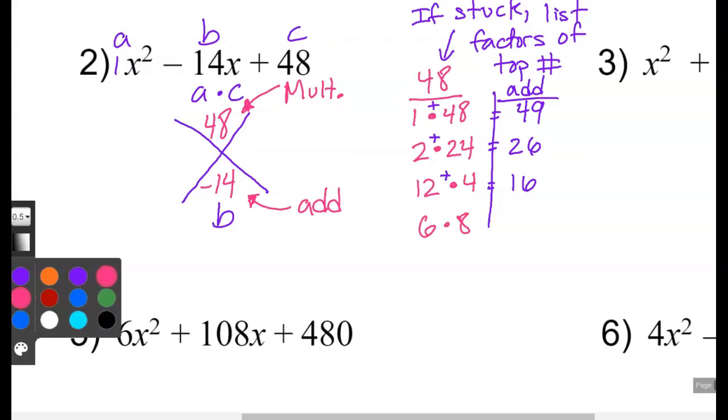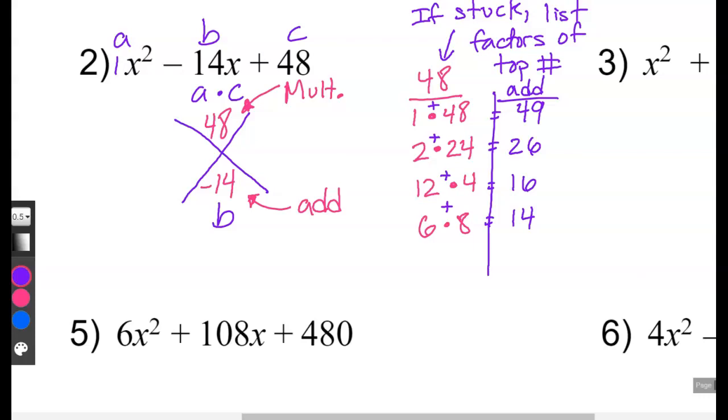Now, what is 6 plus 8? 14. Okay, so we have the right number, but what's wrong about it? Negative. If we know 6 and 8 are factors of 48, what else do we know? Negative 6 times negative 8 also gives us 48. And what is negative 6 plus negative 8? Negative 14. Is that what you're looking for?